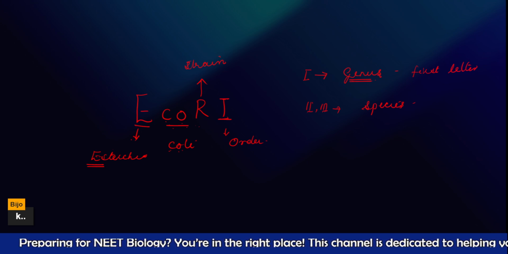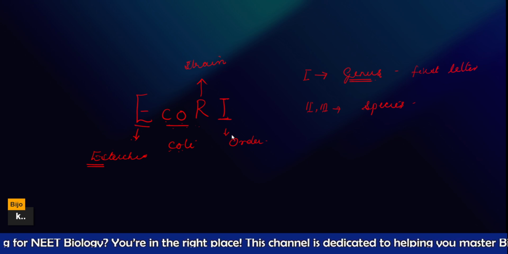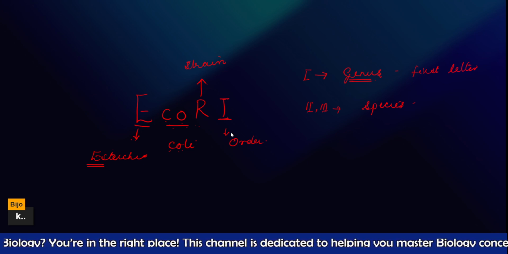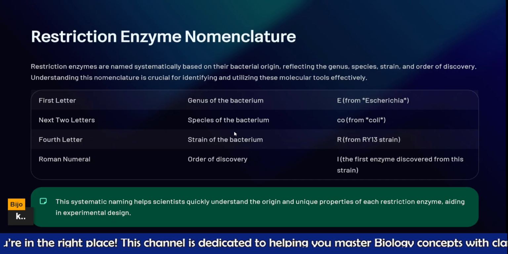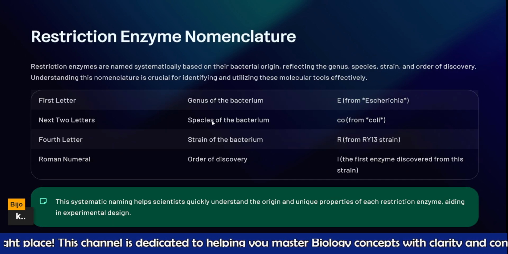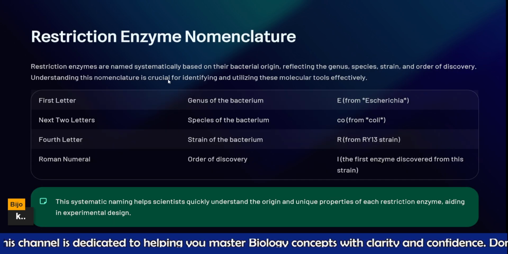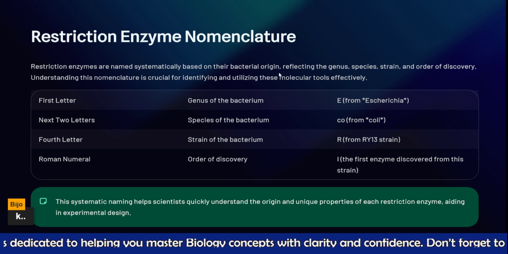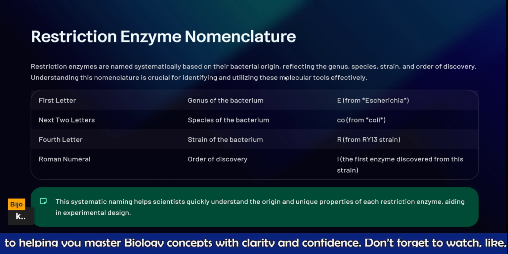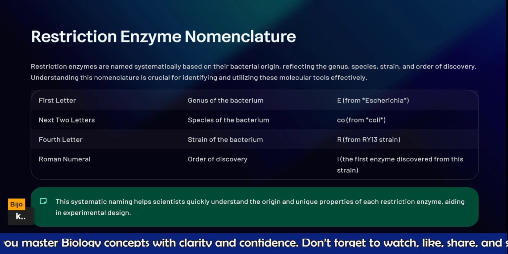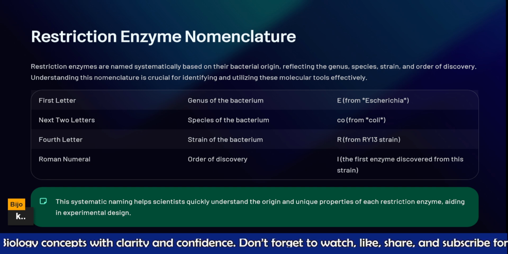We give the names of the various restriction enzymes based on the source bacteria. Just once again, restriction enzymes are named systematically based on their bacterial origin, reflecting the genus, species, strain, and order of discovery.